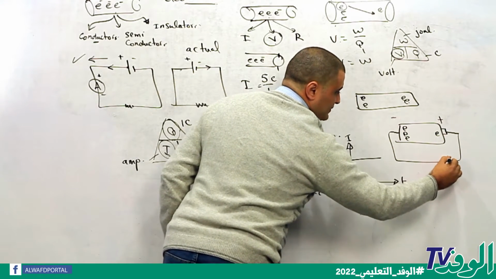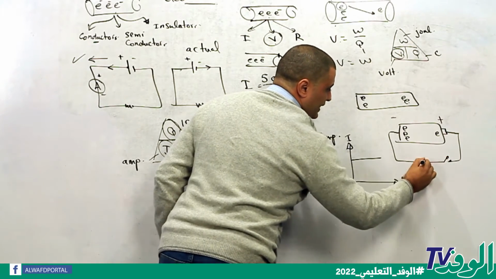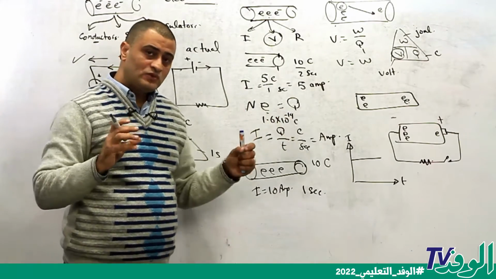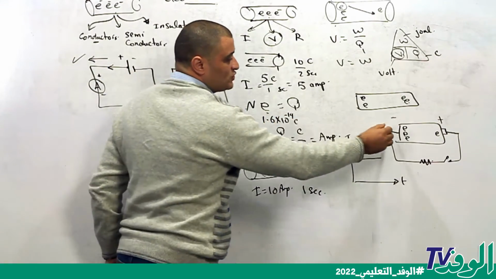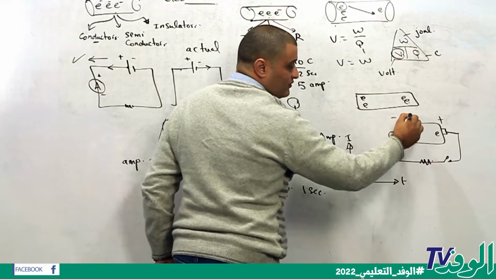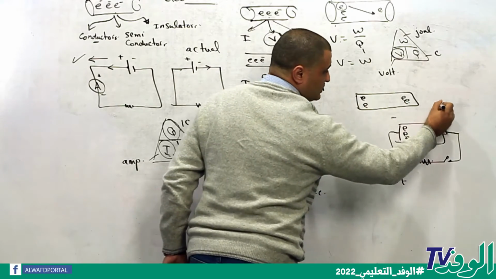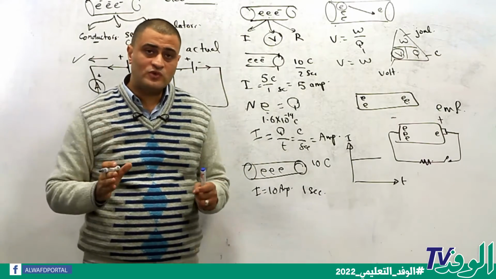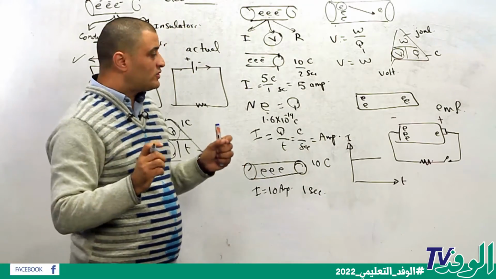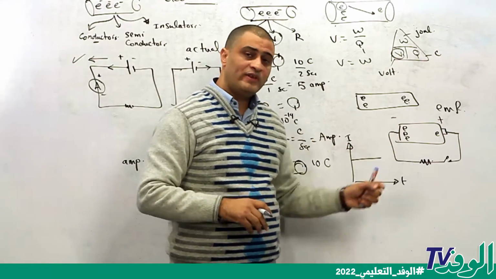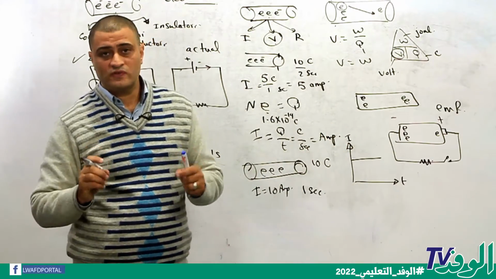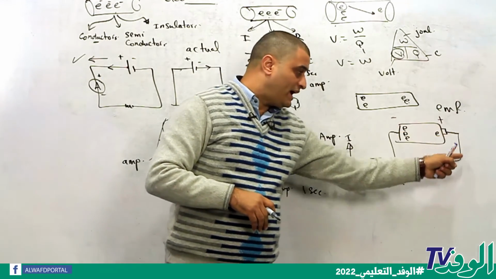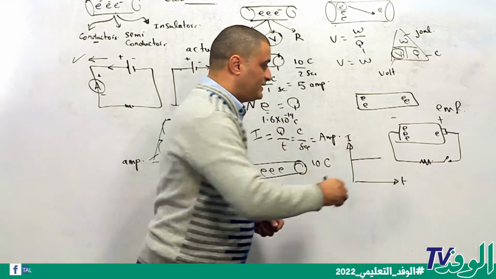We will add a key and a resistance. The electrons pass through the wire between the two poles of the battery, and we have a potential difference between them which is called the electromotive force of the battery. So the potential difference between the two poles of the battery, or electromotive force, is the work done to transfer a quantity of charge between the two poles of the battery, inside and outside the circuit.